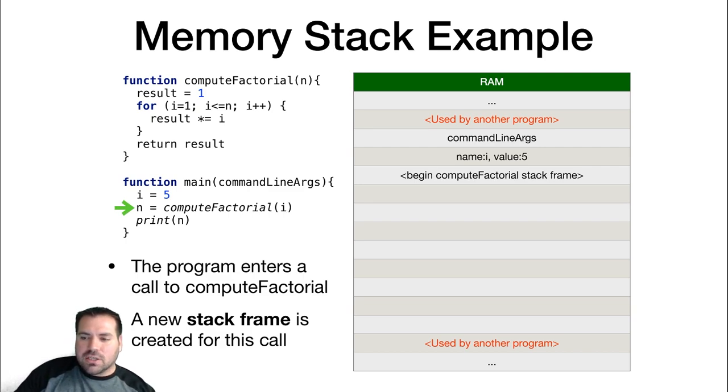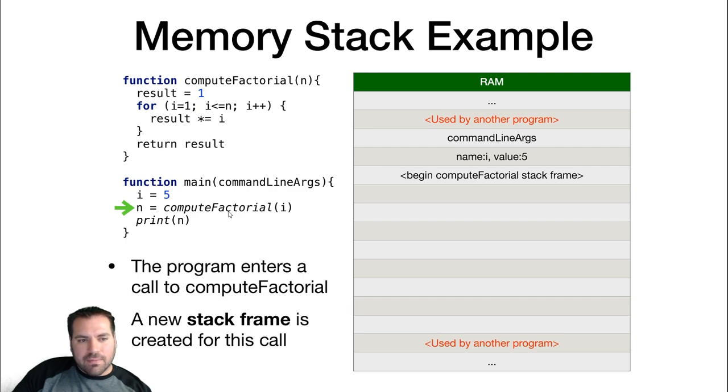So we have to call this function and have it resolve to a value before we can declare n and assign it to n. So we actually don't add n to the stack yet until the function returns. I'm going to keep saying method by accident. Until the function returns, that's when we're going to be able to declare n, add it to the stack, and then move on with our program.